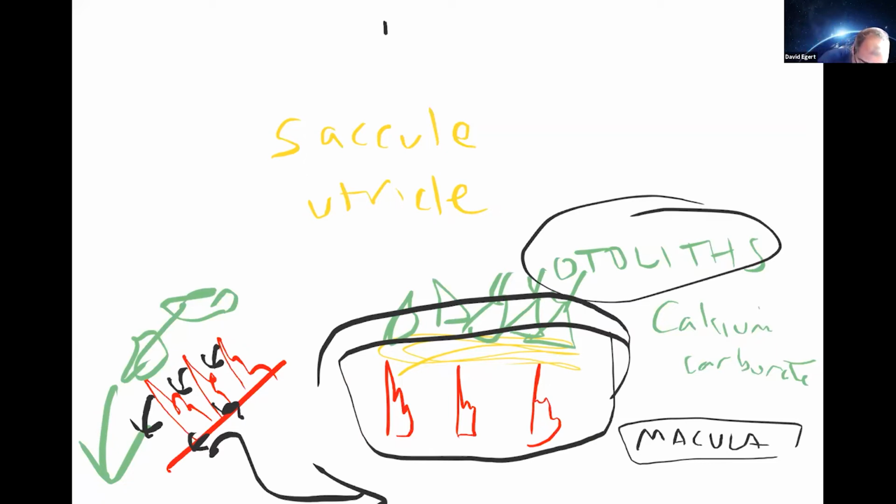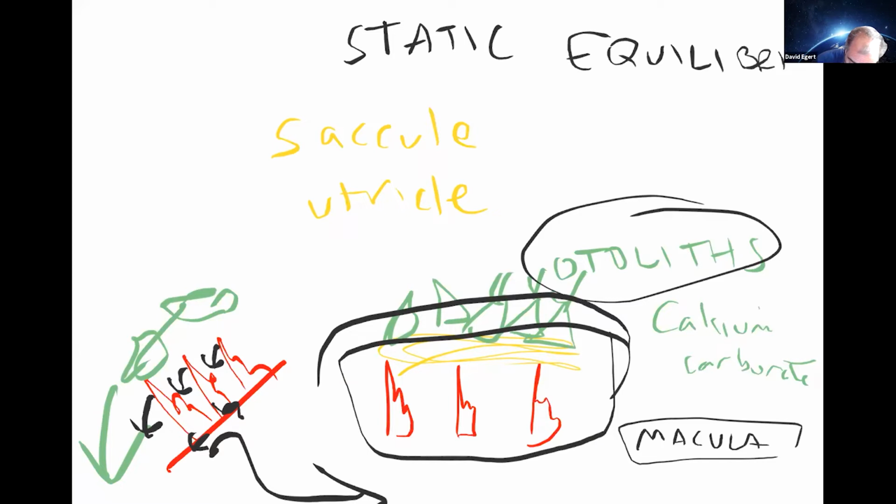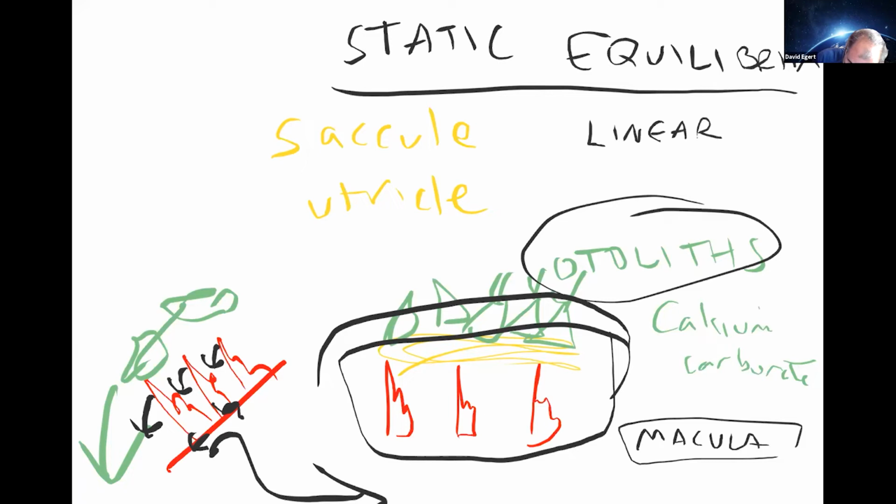So we call this static equilibrium, because even if you're not moving, it's giving you information about which way gravity is pulling. Sometimes they call this also linear acceleration, if we want to be complete.